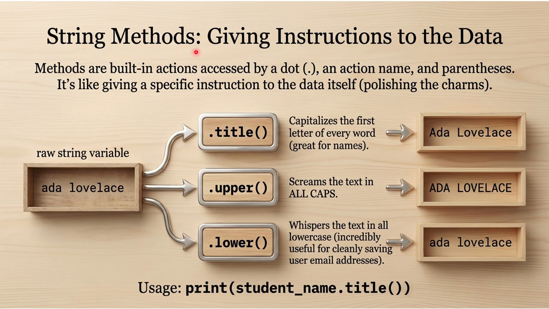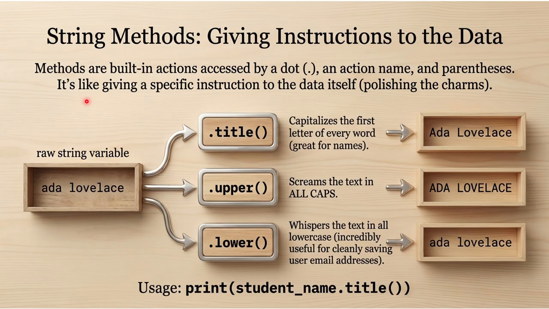Now we have some string methods, which is like giving instructions to the data. Methods are built-in actions accessed by a dot. So what is a method? It is a built-in action, already defined in Python, and you access it through a dot, an action name, and a parenthesis.